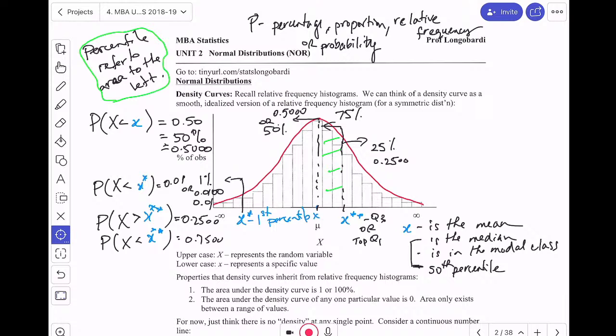So the big black X refers to the area under the curve. So you say the chance or the probability or the percentage of observations under the curve that are less than X double star is 75%. So the big X represents the curve, the variable, the distribution. Yes, so between here and here, very good, is 25% chance.